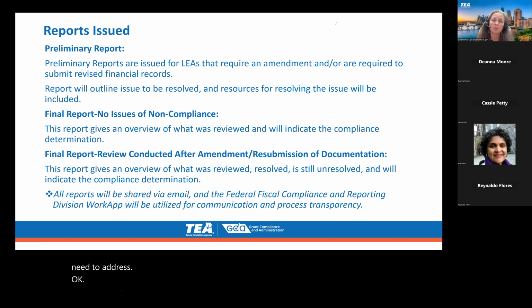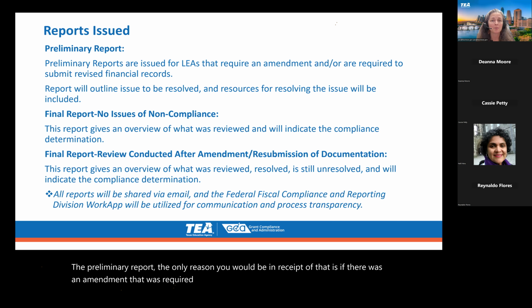So there are 3 different types of reports that you may be receiving as a part of the validation process. The preliminary report: the only reason you would be in receipt of that is if there was an amendment or a resubmission of a financial record required.